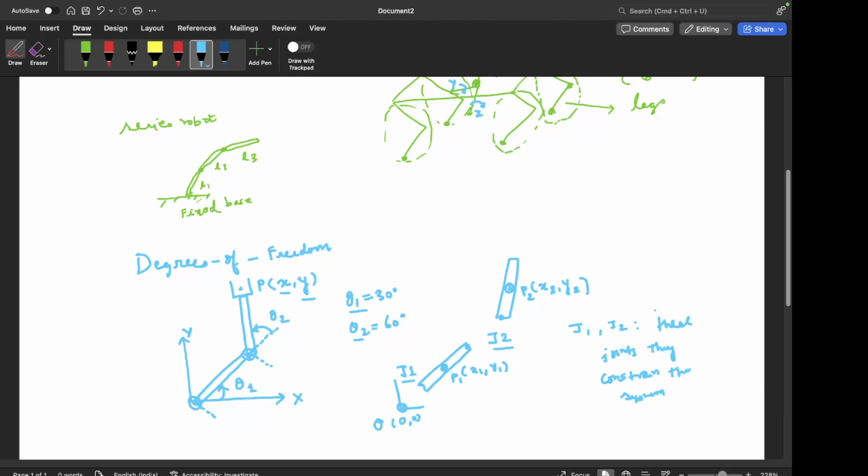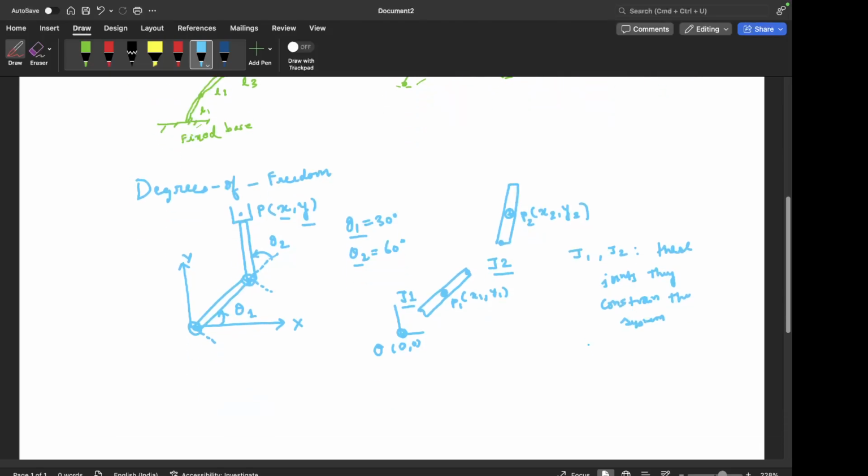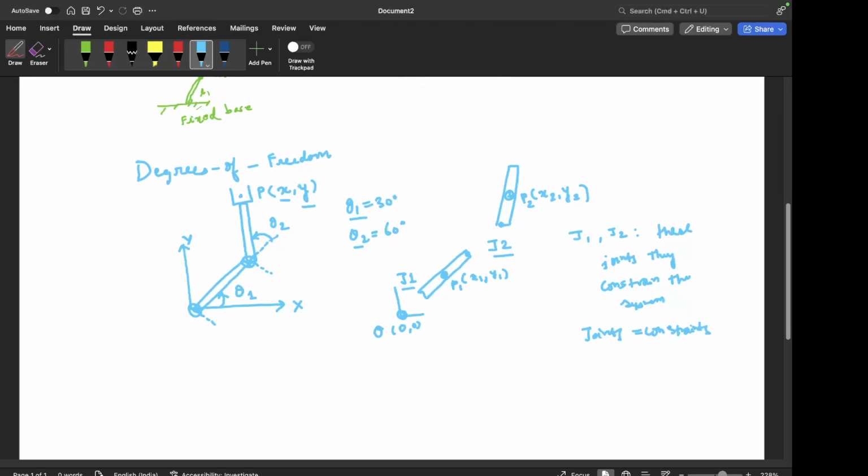So joints are in a way constraints on the way the system can move, right? Individually, this has 2 degrees of freedom and this has 2 degrees of freedom. But when these two joints are active, this takes away 1 degree of freedom and this takes away 1 degree of freedom, right?